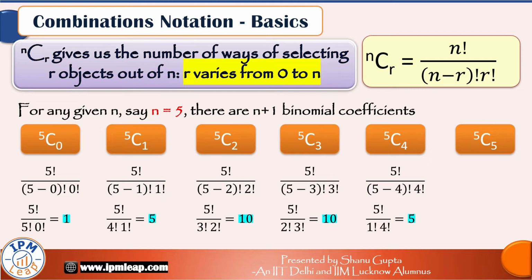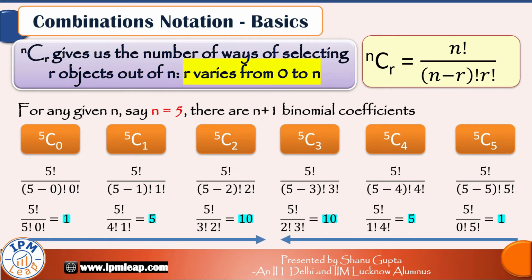And finally 5C5, which gives us the number of ways of selecting 5 objects out of 5. There could be only one way of selecting all objects out of the given objects, right? So 5C5 is also equal to 1. So if you have a look at the binomial coefficients, the coefficients which are equidistant from both ends are equal.